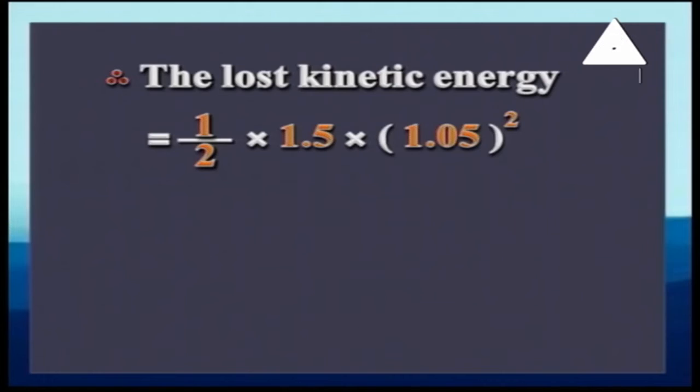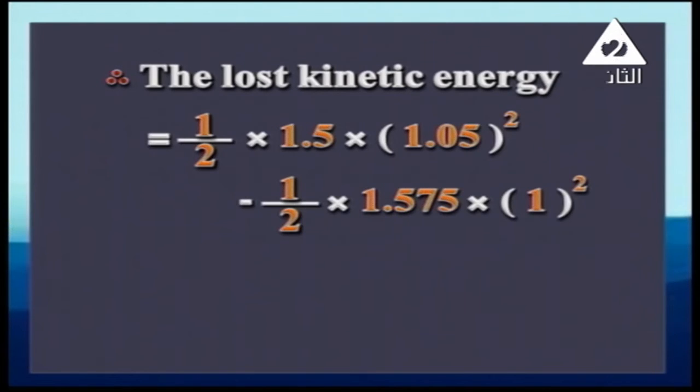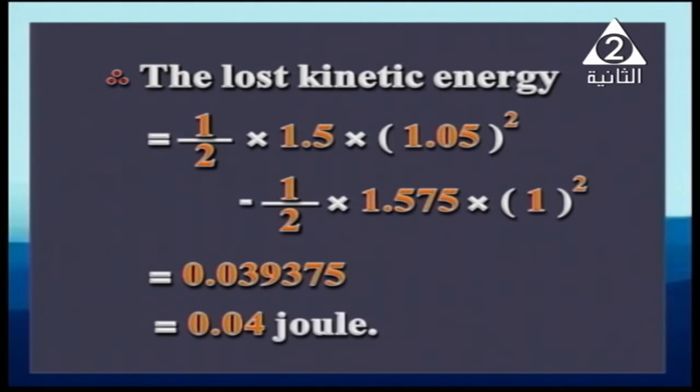Equal half multiplied by 1.5 times 1.05 squared minus the kinetic energy after impact, 1 over 2 times 1.575 times V dash, 1, squared. Then the lost kinetic energy equals 0.039375, or divided by 10 to the power 5.